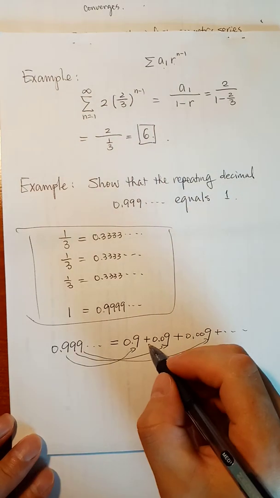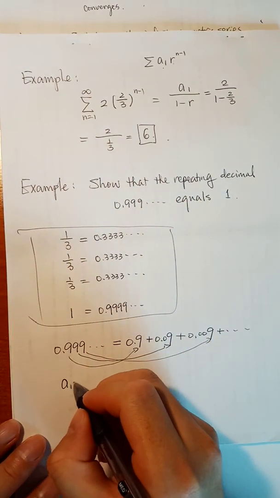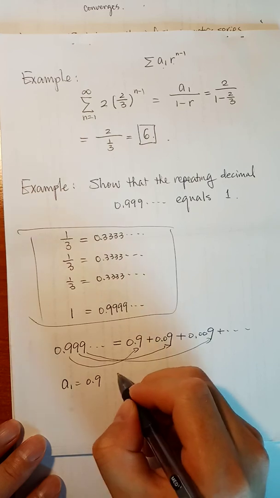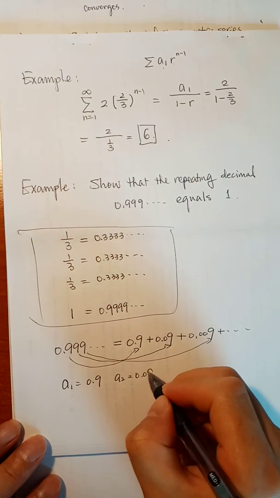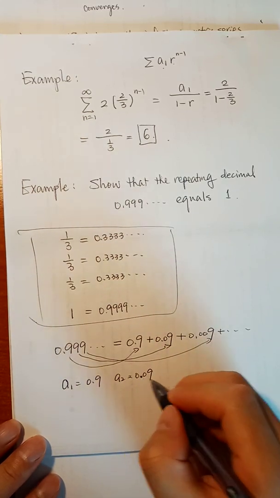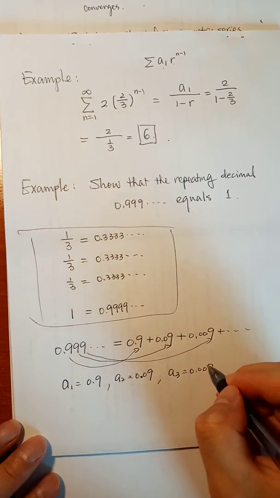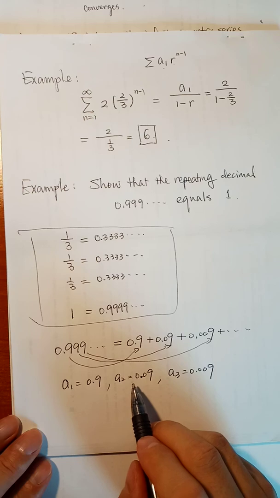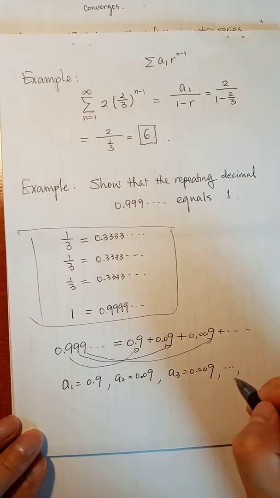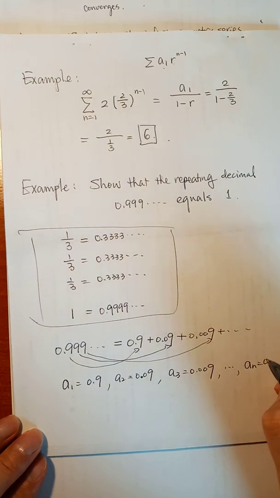Okay, and then here let's say a1 is 0.9, a2 is 0.09, a3 is 0.009. So how do you determine a_n? It will be 0.000... with n zeros total, and then a 9.